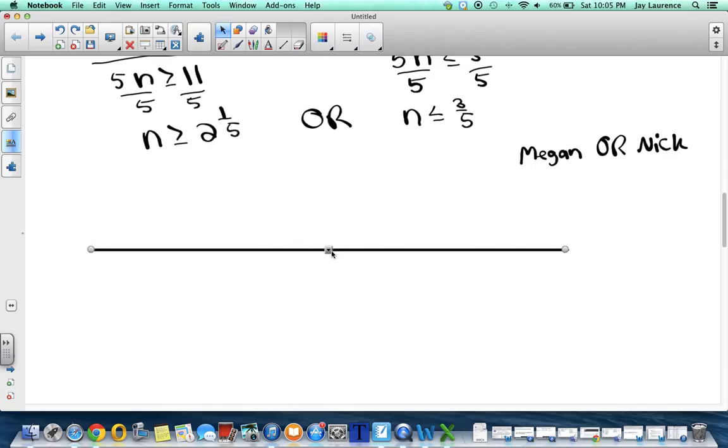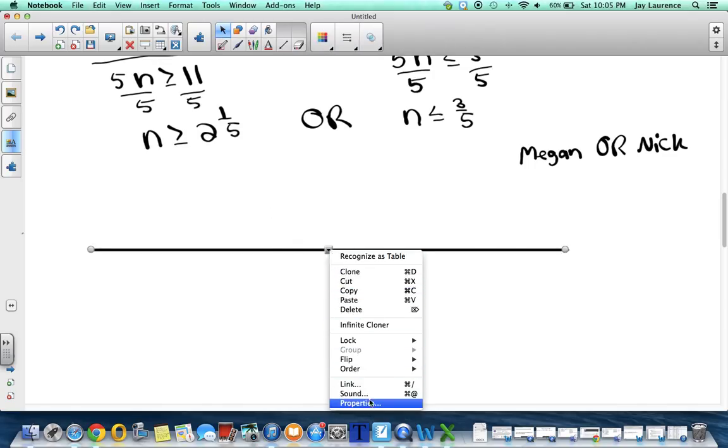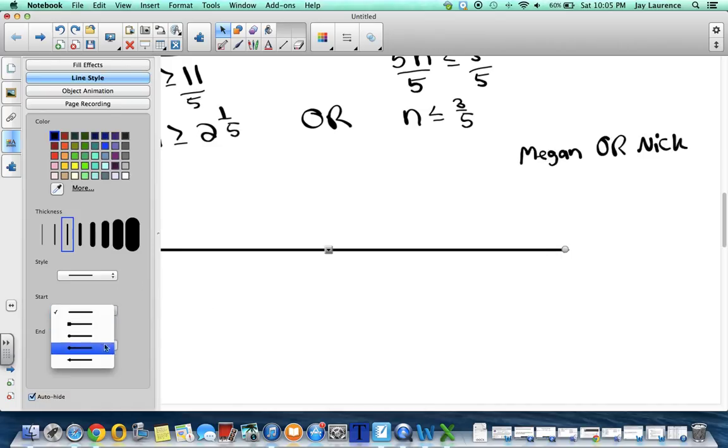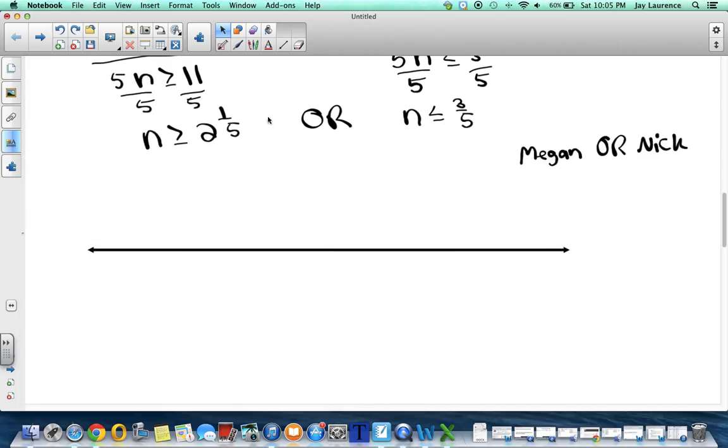Let me get an endpoint, an arrowhead on the starting endpoint. Okay. I'm going to show on my number line these two numbers, 2 1/5 and 3/5. Okay, so there's 3/5 right there, and maybe that's 1, and then 2 1/5 might be over here.